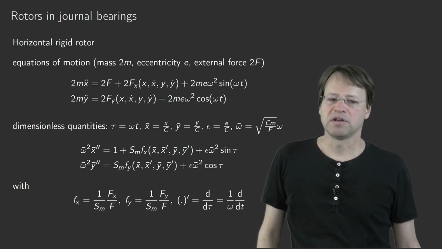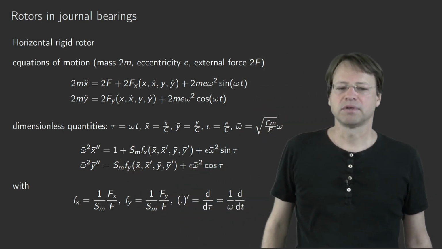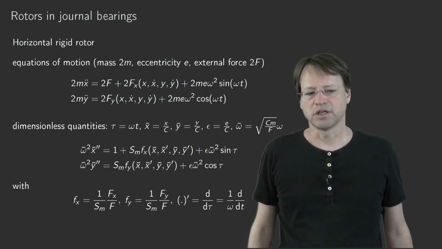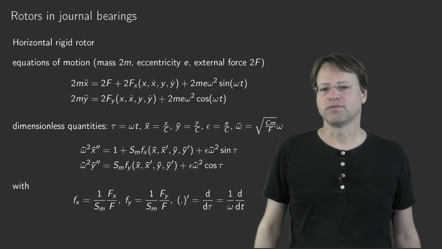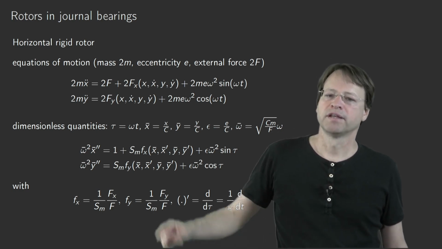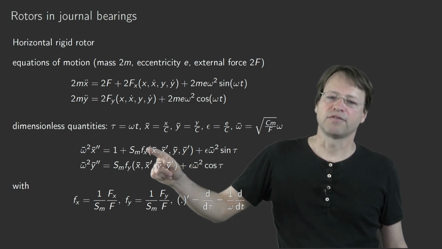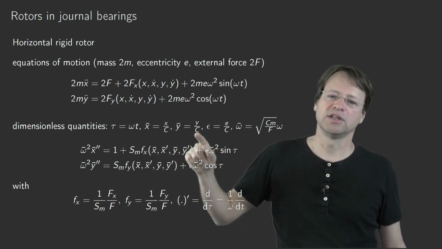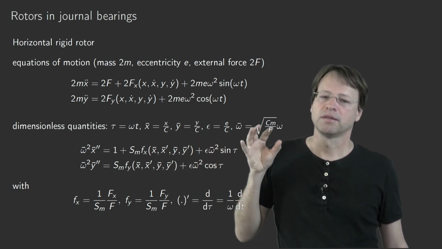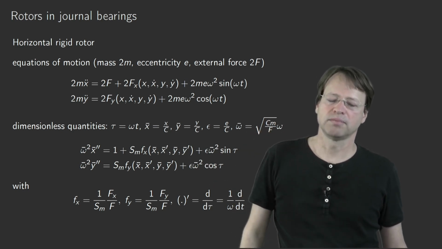We will replace x bar with a mean or equilibrium x bar plus delta x bar. So we will get delta x bar double prime here. And for fx, we introduce the linearized form, namely the damping coefficient matrix and the stiffness coefficient matrix.